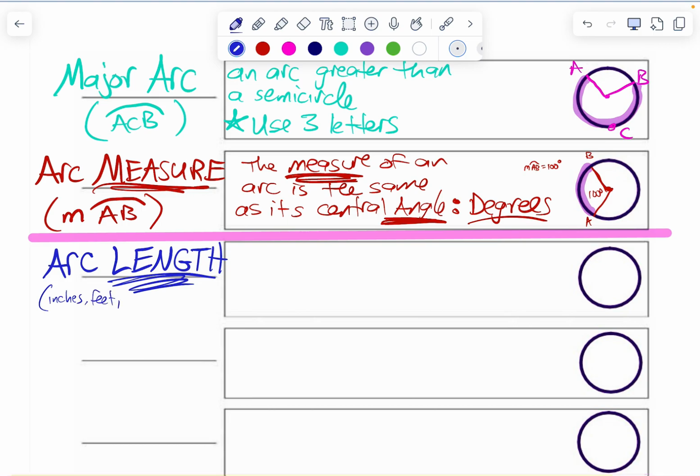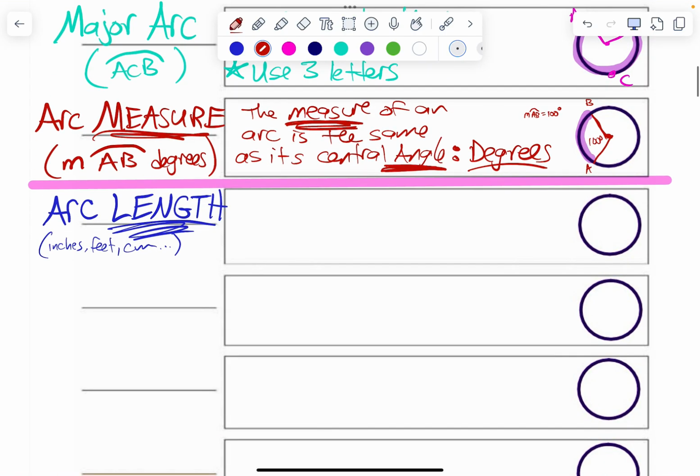This is inches, feet, yards, centimeters. Maybe I put the degrees for arc measure over kind of in the box. Maybe we should have written it in here with it. I'm going to do that. Okay, hopefully you won't get it mixed up. Study it a little and that will help.